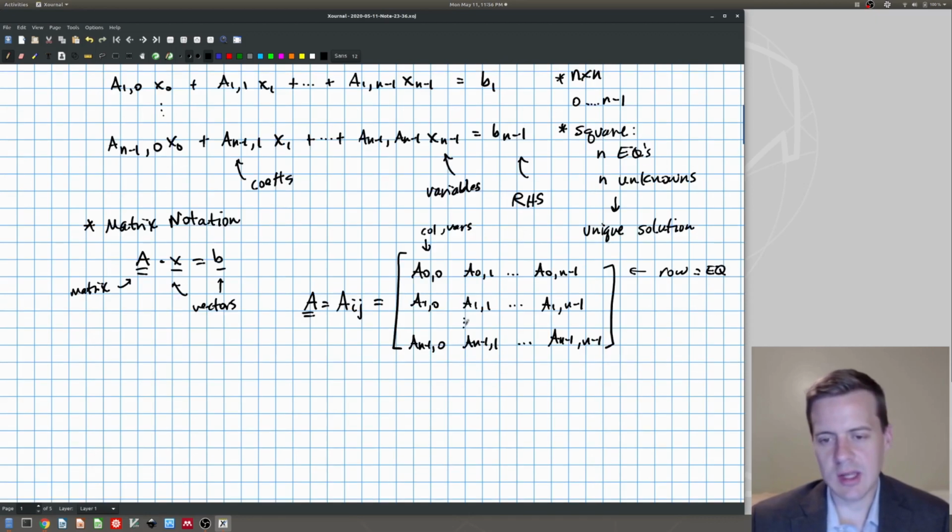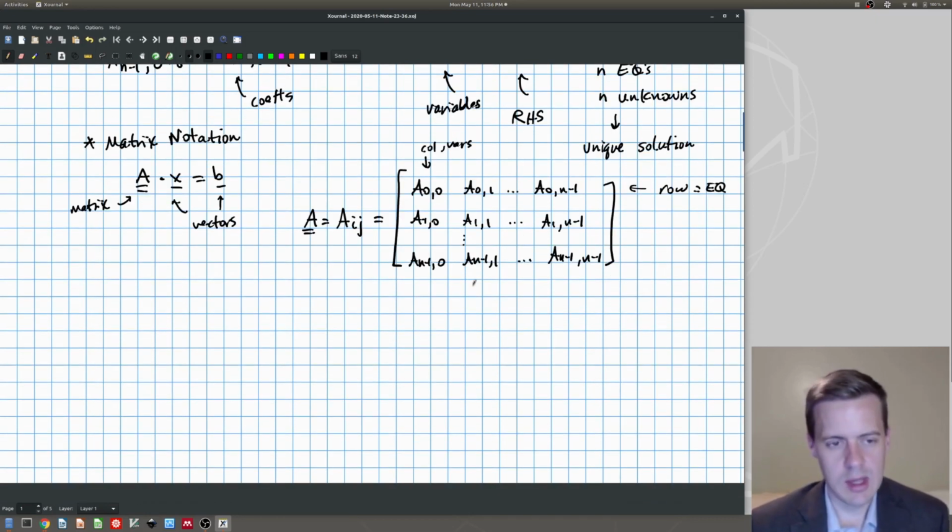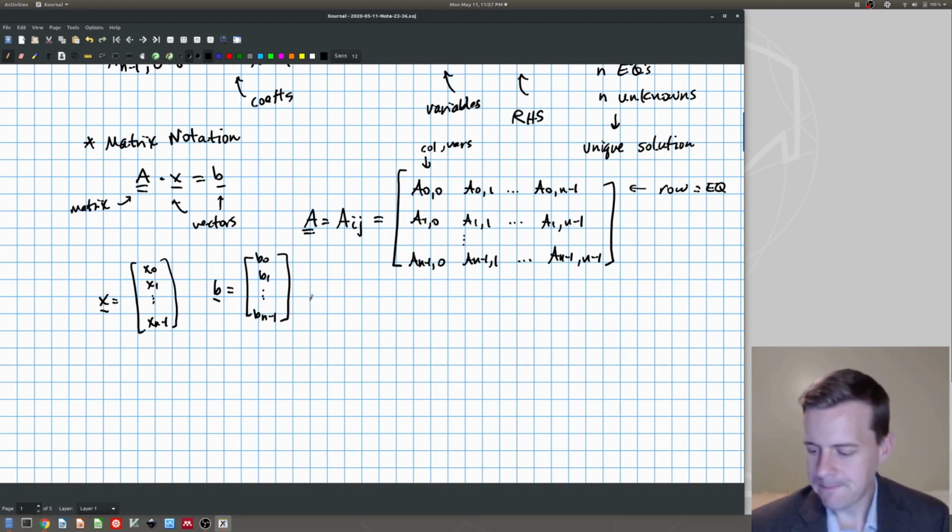And so now I'm going to write down the x vector, which will look like x0, x1, down to x n-1, and that right-hand side vector b is going to go b0, b1, down to b n-1 as well. And I'm going to write this x, also we'll see in a second, as xj. I'm going to write b here as bi.